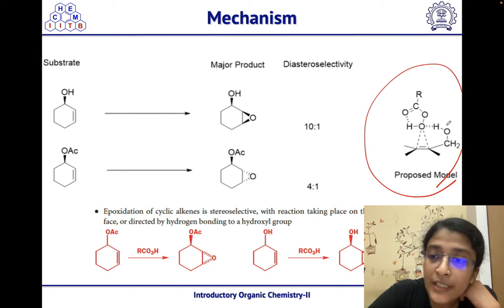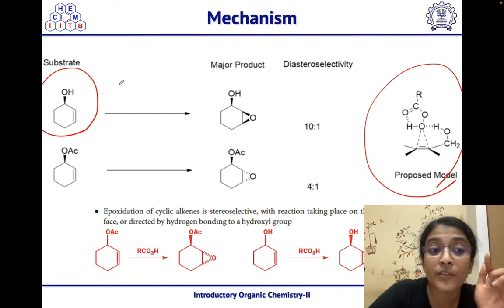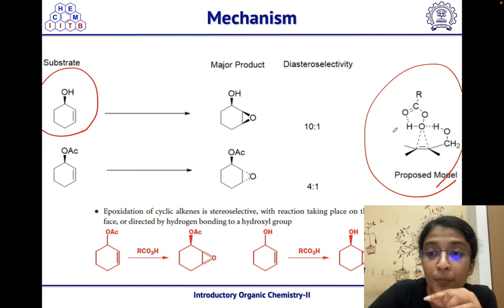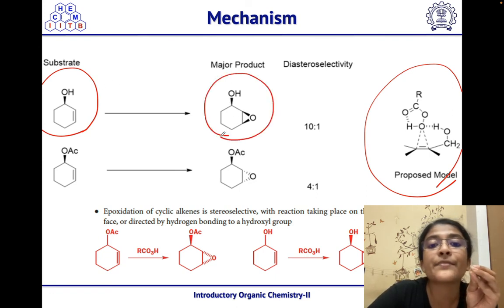So if alcohol is coming in the above phase, then epoxidation will also take place in the same phase. If the substrate is having alcohol, there is a possibility for formation of hydrogen bonding with this peracid, and then epoxidation will take place. So epoxidation will be taking place from the same side as that of the alcohol. Is this clear?